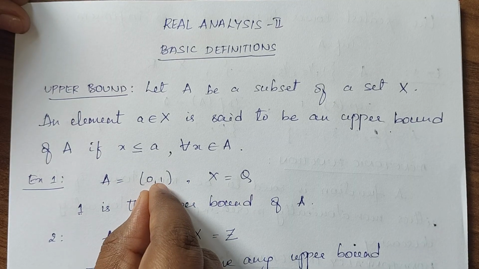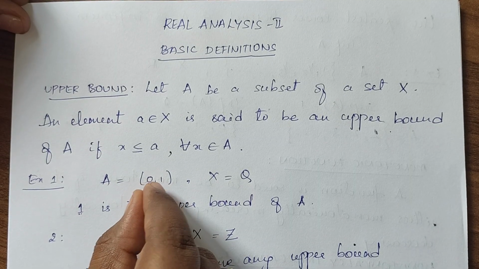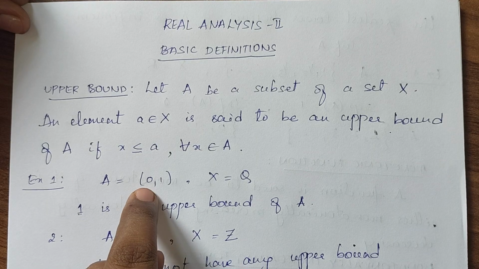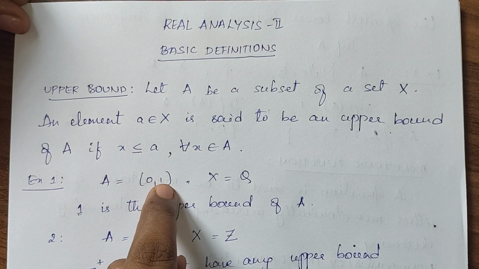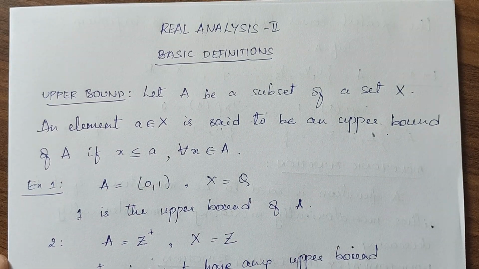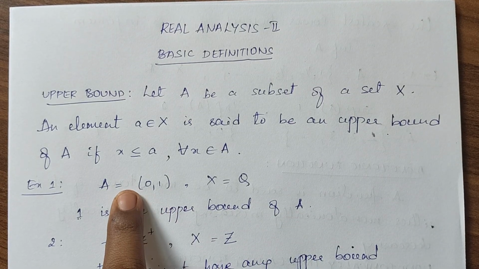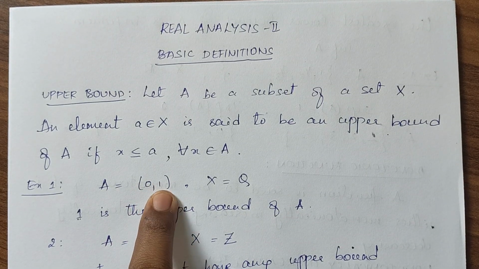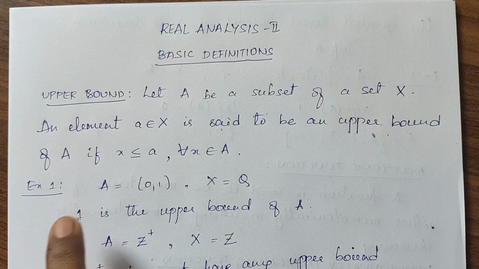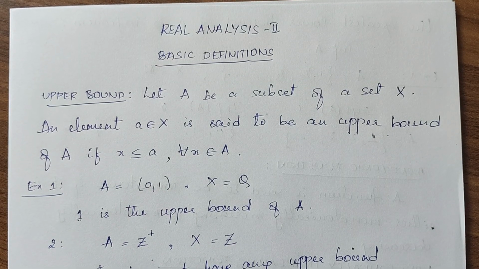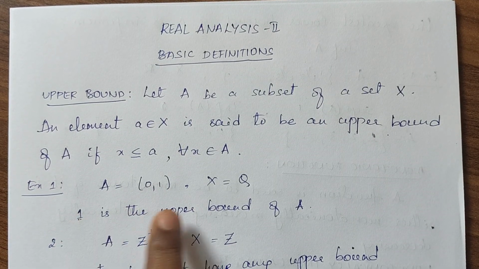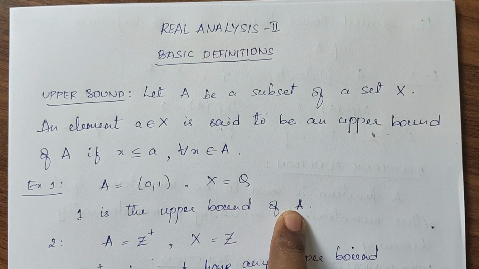There are actually infinite numbers in between 0 and 1. So here 1 is the upper bound of A. If I take 1 as the upper bound of A, then each and every element here in A is less than 1.